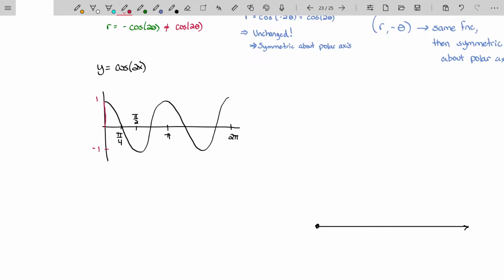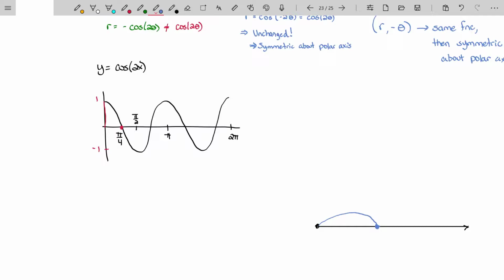You're throwing a rock 1 unit away. So I will pretend as though, just to get something going, that's 1 unit away from the pole when you're facing an angle of 0. By the time you face an angle of pi over 4, you're dropping rocks at your feet. So it looks something like this.